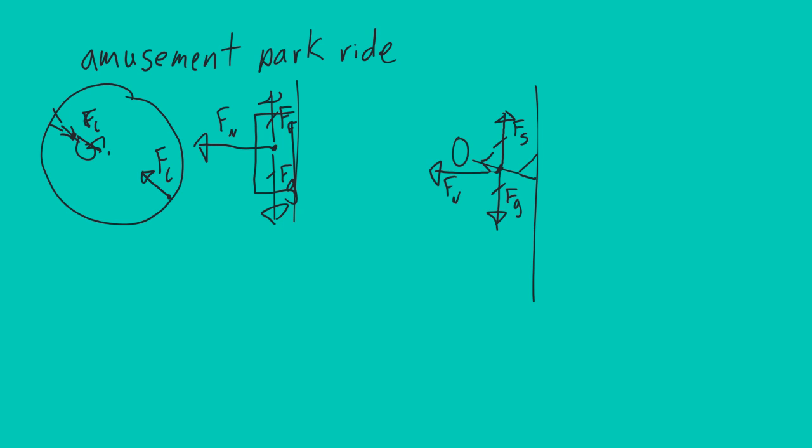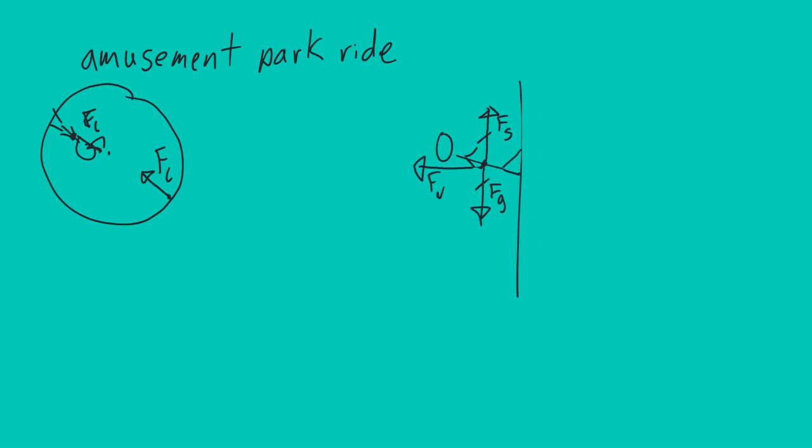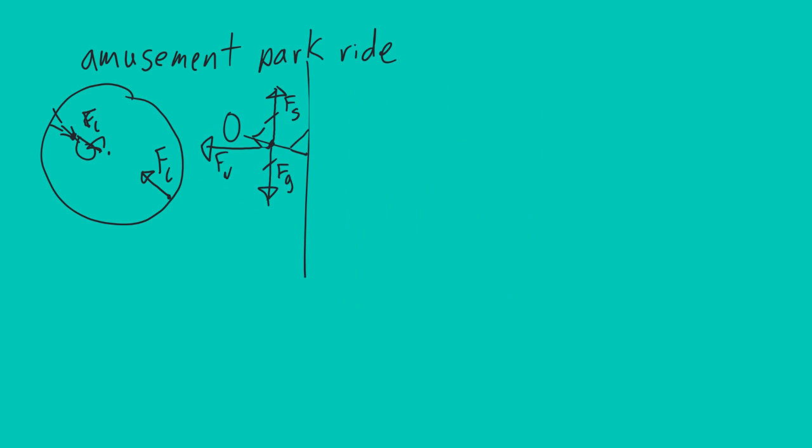So this is what is going on in this problem, and we can solve for our minimum normal force to get a force of static friction equal to the force of gravity. So let's try that out. First off, let's move our drawing over to the left so we have some room.